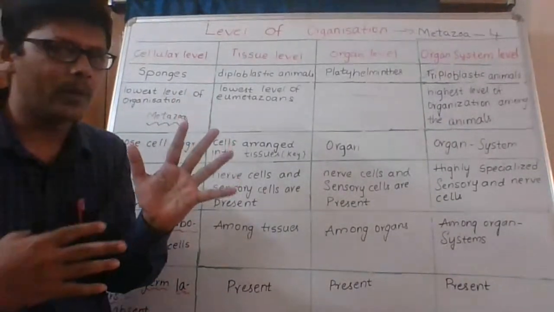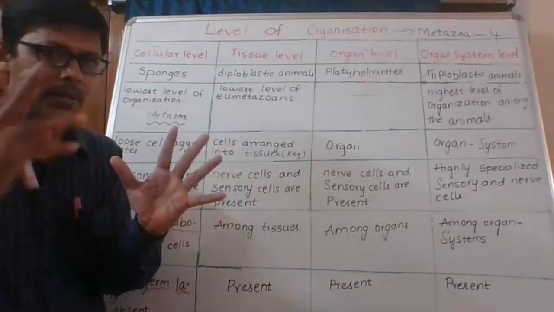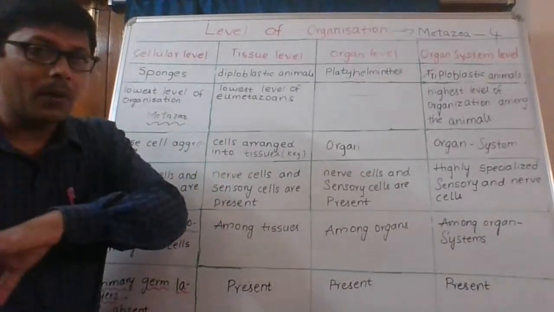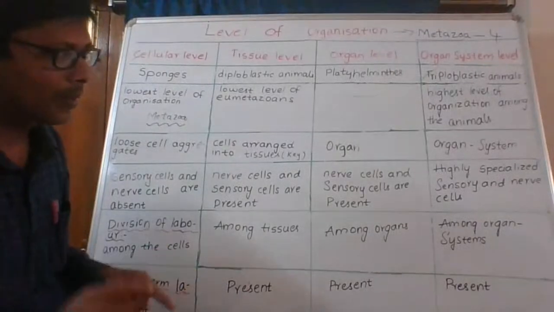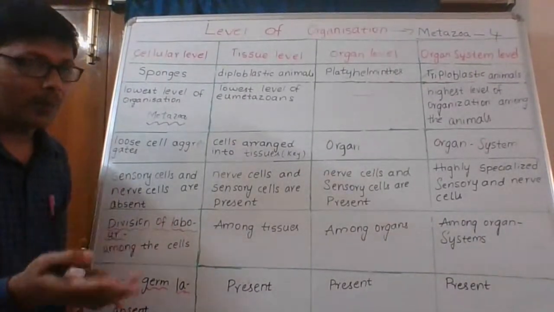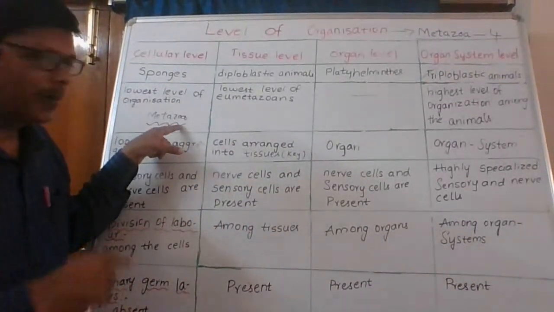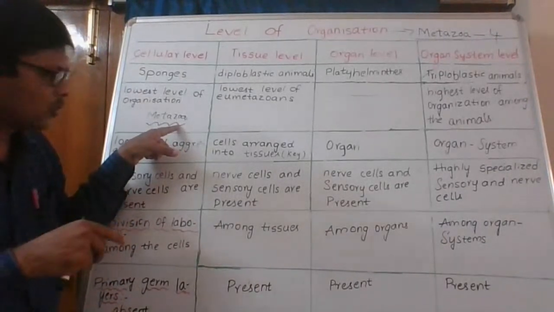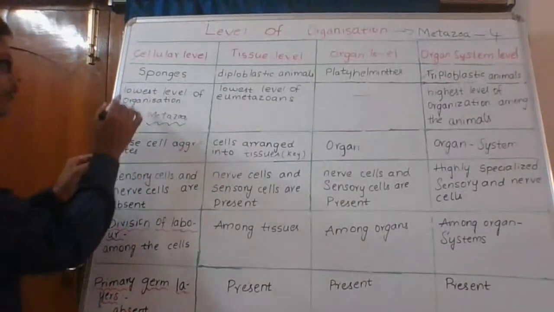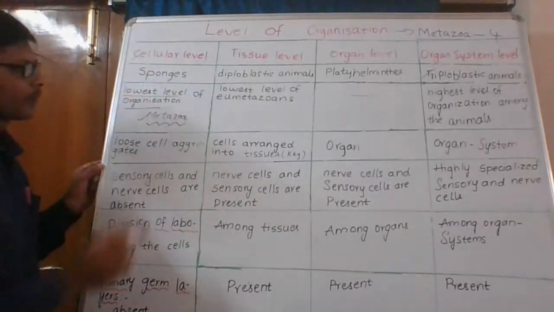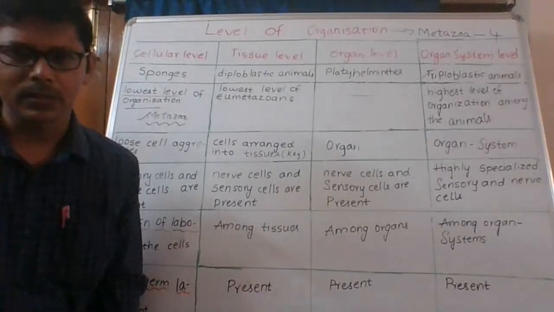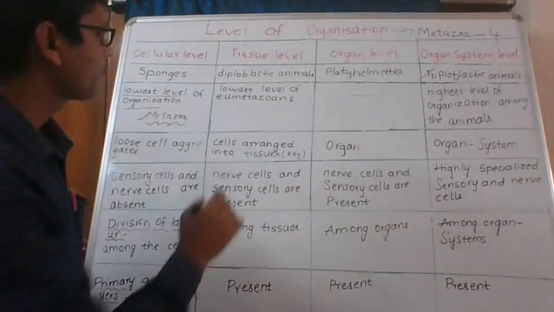When I take five levels, that means including the protoplasmic level, then among the animals the lowest level of organization is the protoplasmic level. But among the metazoans, the lowest level of organization is the cellular level.